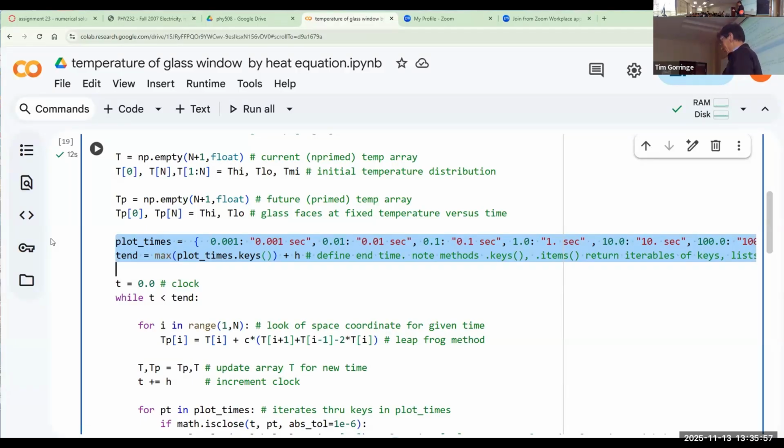That would be a very reasonable, straightforward thing to do. I think I made it more complicated for some reason, and I'm just going to plot a number of one-dimensional plots of the temperature along the rod at different times: 1 millisecond, 10 milliseconds, 100 milliseconds, 1 second, and 10 seconds.